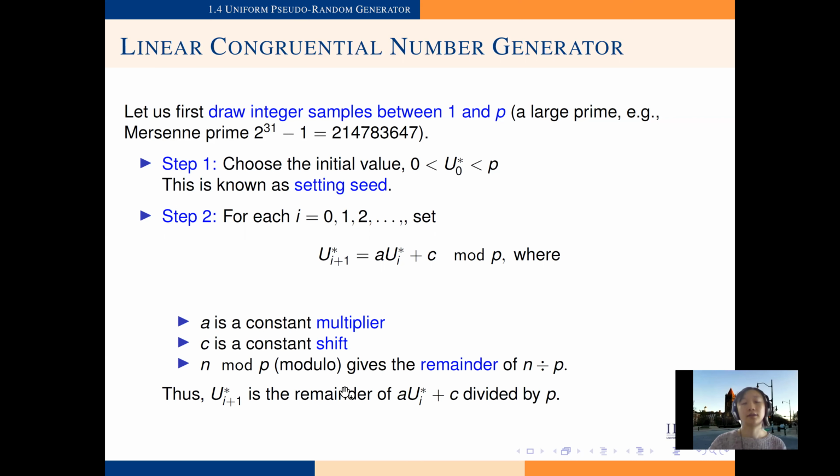In other words, u star at the i plus 1th draw is the remainder of A times ui star, the previous draw, plus C divided by the large prime P. So you can see that the draws we will obtain will always range between 0 and P because we're taking the remainder divided by the large prime P.